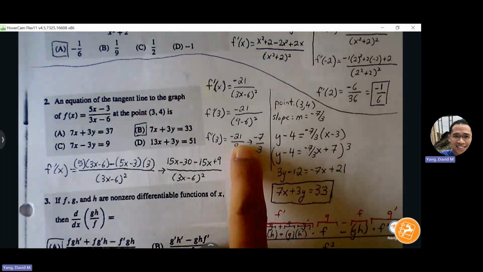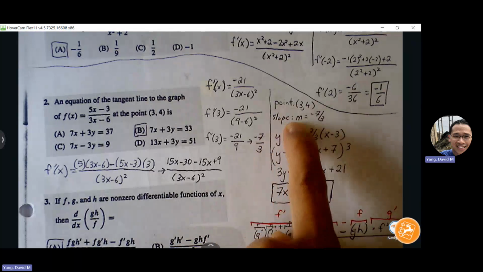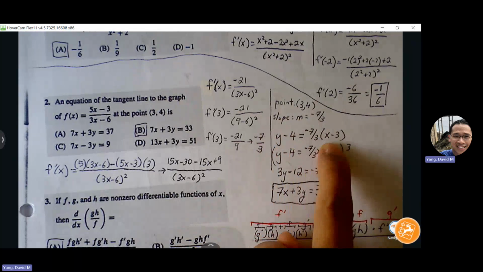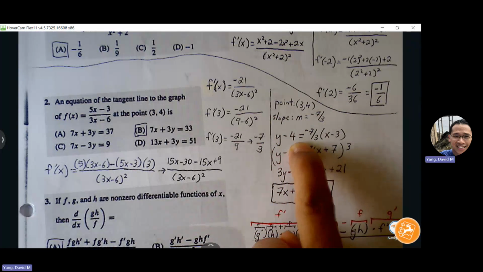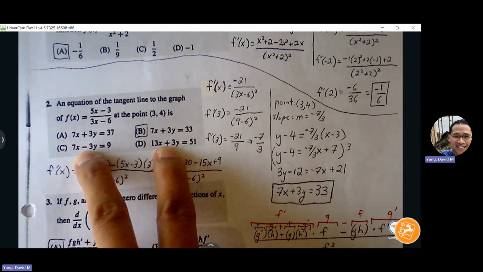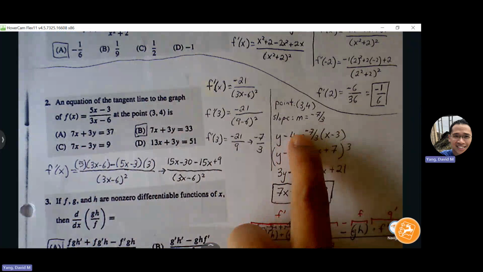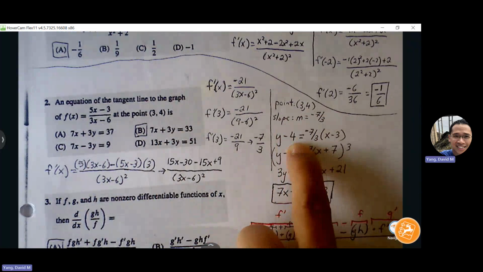Okay, we plug in the 3, we get -21 over 9, which is -7/3. We take that ordered pair and our slope, we put in a point slope form. Now this one is in general form, or standard form. And to get to that form, we have to get rid of the fraction. I'm not going to ask you to go beyond this step.